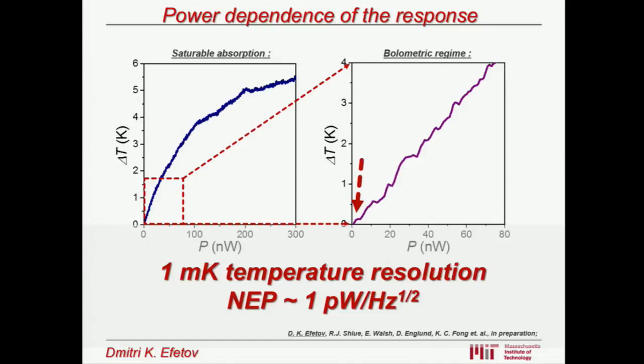But compared with a single photon detector, this number is not really close. The reason is that this Johnson noise readout scheme is extremely slow. For all the data I showed, every data point we integrated for 30 seconds.